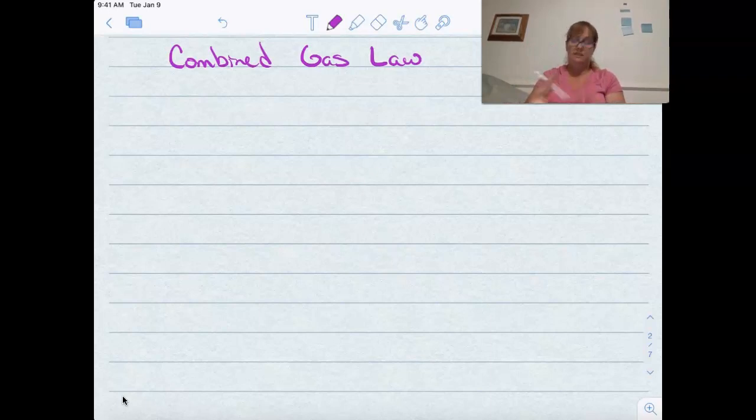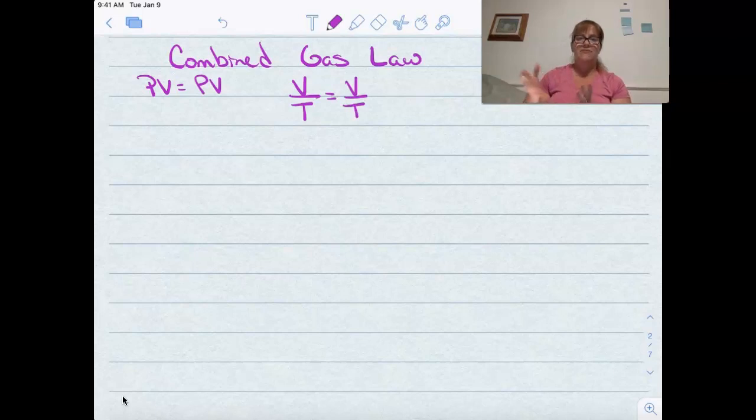So let's look at these and see how we can combine them. Well, remember, Boyle's law just said that P1V1 equaled P2V2. Charles's law said that V1 over T1 equaled V2 over T2. And then Gay-Lussac's law said that P1 over T1 equaled P2 over T2.